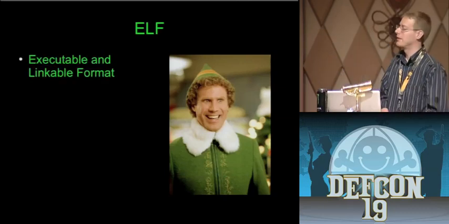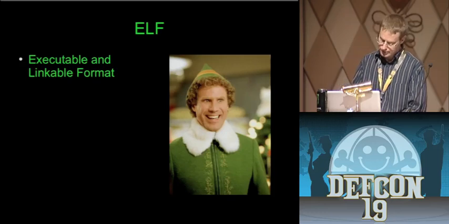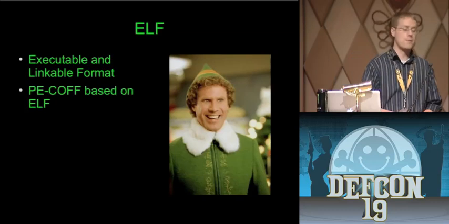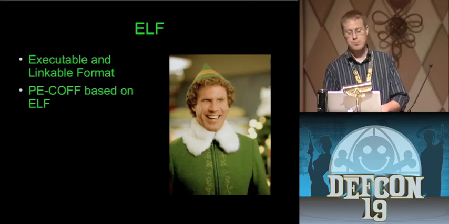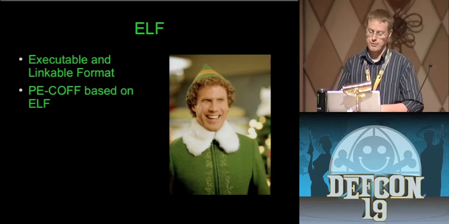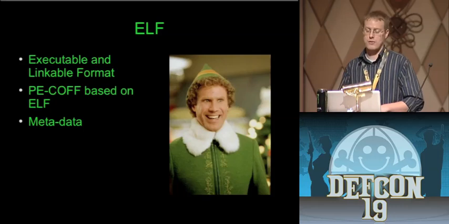ELF is the Executable and Linkable Format. It was created by Sun for System V, and Linux adopted it. Windows file format PE/COFF is based off of ELF, and Mach-O, OS X's format, is based off of ELF as well. All it is is metadata. It's data that describes data.